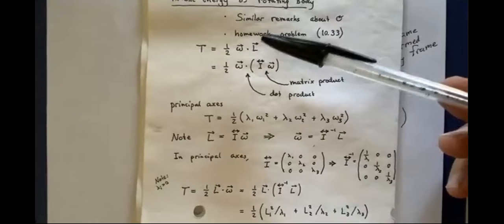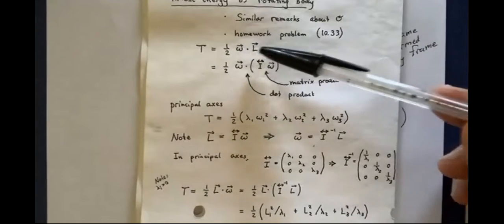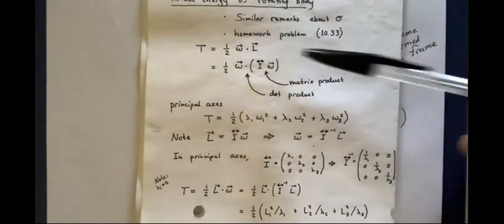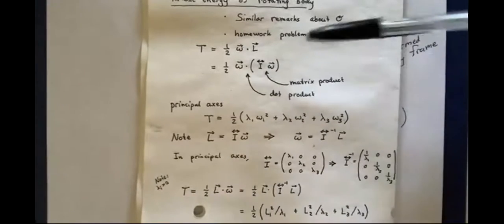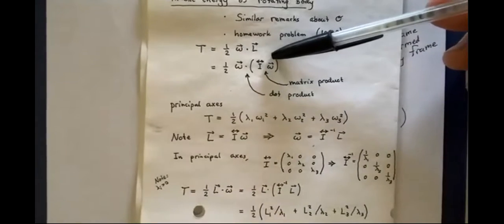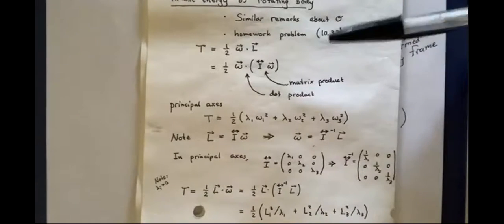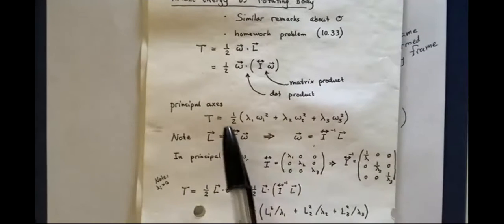The kinetic energy is one half omega dot L. Now, the angular momentum is the matrix I times omega, and that's a matrix product, and then the dot product. So you write this out in principal axes.